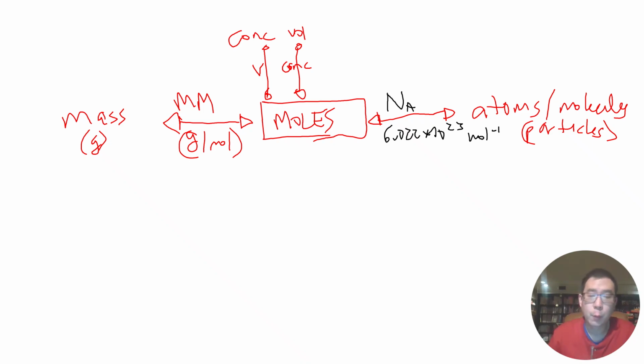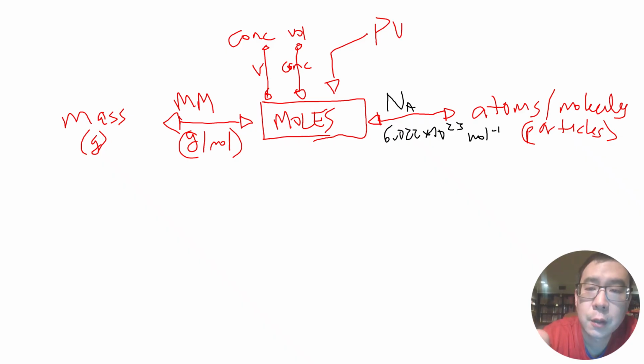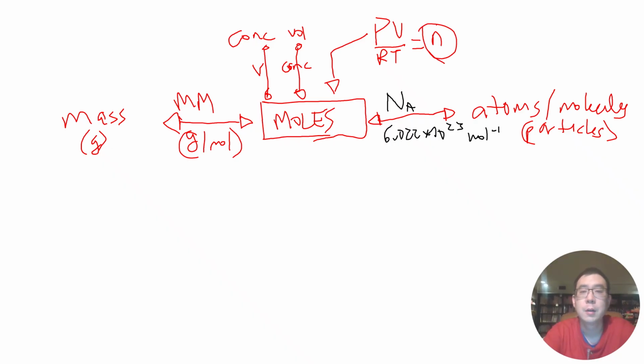Now we have one more way to get to moles, right? And that way is what? It's PV over RT equals N, right? So if we have pressure and temperature, we use volume to get N. If we have pressure and volume, we use temperature to get N. And with volume and temperature, we use pressure to get N. And N is moles, right? So we now have several ways to get us into moles.